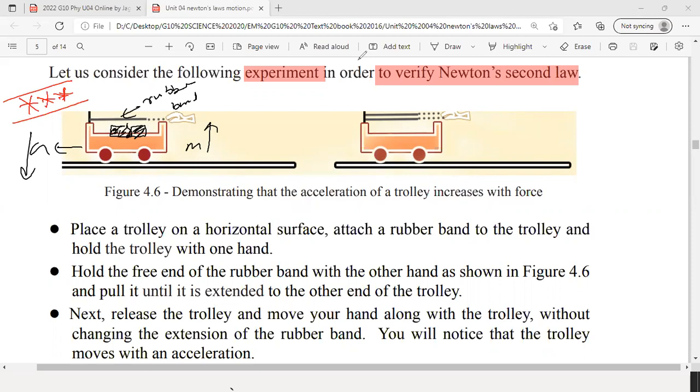Other than that, the condition of the surface also matters. If you are asked to run on a slippery surface, or a very smooth surface, or a rough surface, the nature of the surface will affect it, and the air resistance and the type of clothes that you are wearing. Let's say swimming and water polo, or even the 100 meters race.